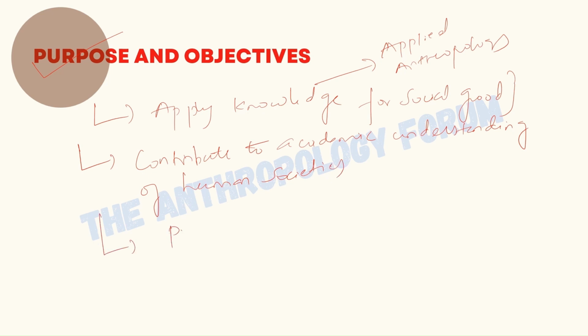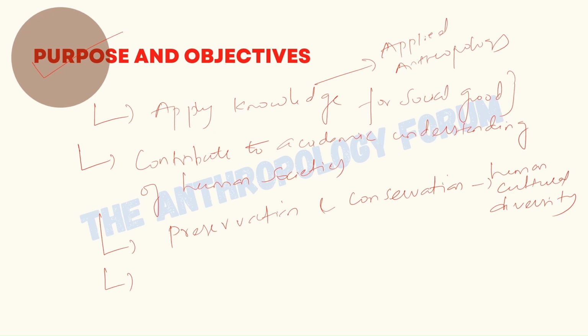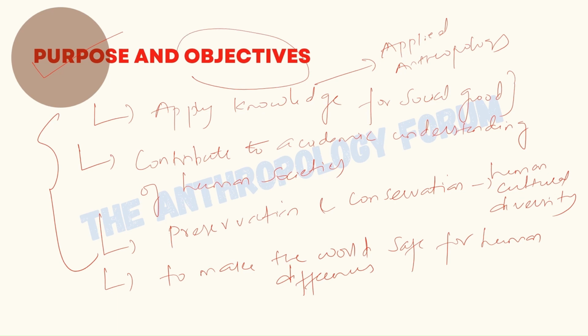Next, preservation and conservation of human cultures. We could rather say human cultural diversity. Also, it has a more ethical dimension and purpose as quoted by Ruth Benedict, that is to make the world safe for human differences. Also, there are many more purposes and objectives. If you would have seen the objectives part, you can include any of them, but I think 2 to 3 points are enough for this.